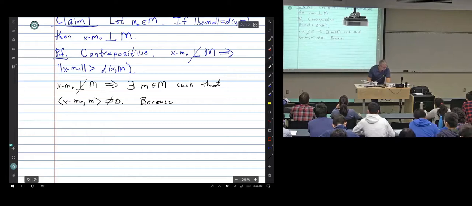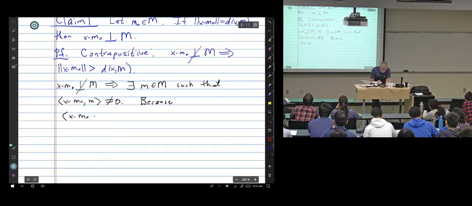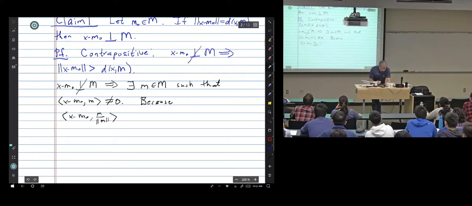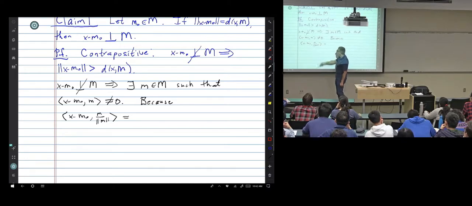If we take m over the norm of m, so we just take m and divide it by its norm, then this thing has norm 1.